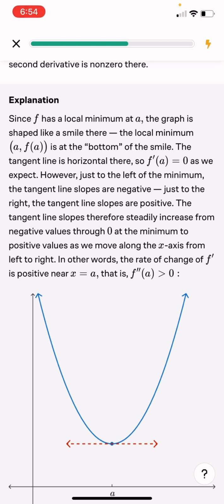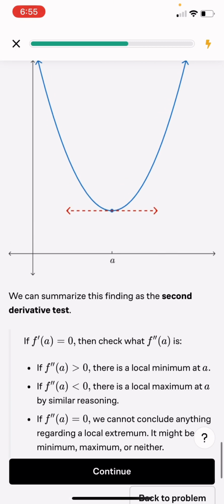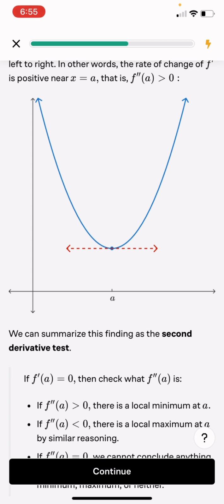We can summarize this finding as the second derivative test. If f prime a equals 0, then check what f prime prime is. If f prime prime a is more than 0, there's a local minimum at a. If f prime prime a is less than 0, then there's a local maximum at a by similar reasoning.